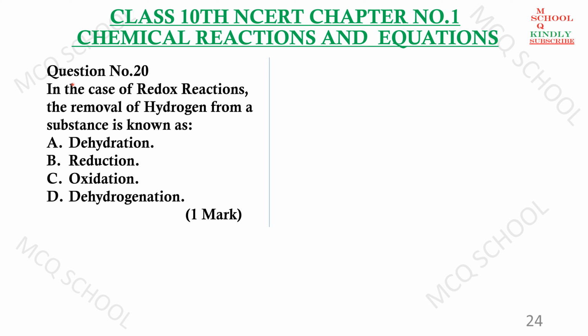Let us take question number 20. In case of redox reaction, the removal of hydrogen from a substance is known as: dehydration, reduction, oxidation, or dehydrogenation. What is the answer from your side?